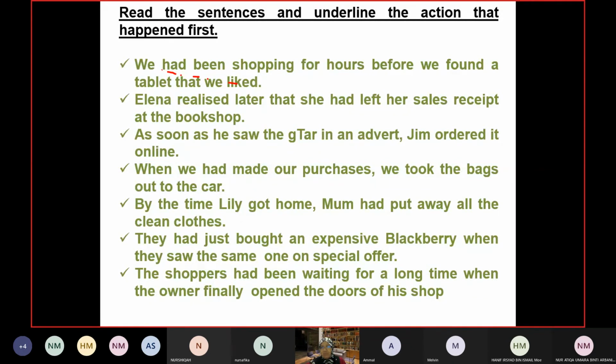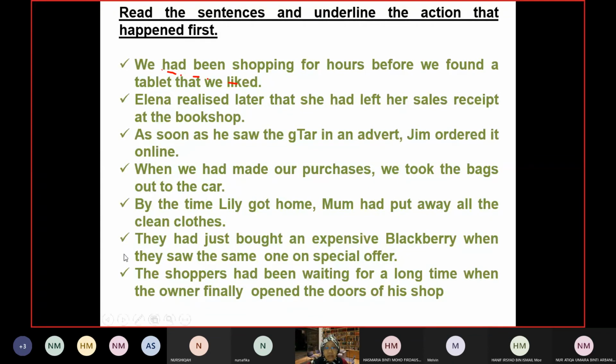Okay, so which one happened first? Mana satu yang berlaku dulu? Dia sampai rumah dulu ke mak dia tu put away, letak jauh-jauh dia punya baju yang bersih itu? Mom had put away. Yes, good. So the first one had put away.